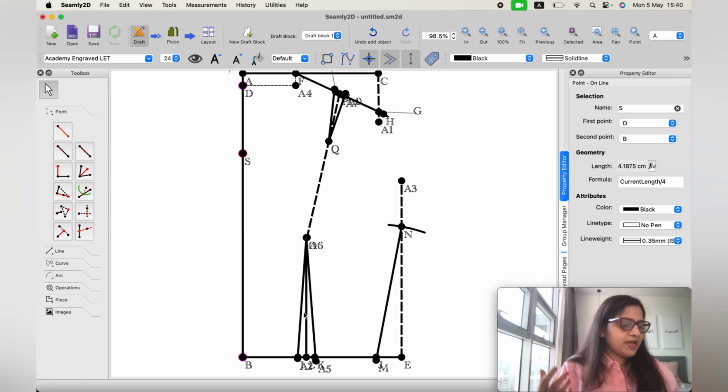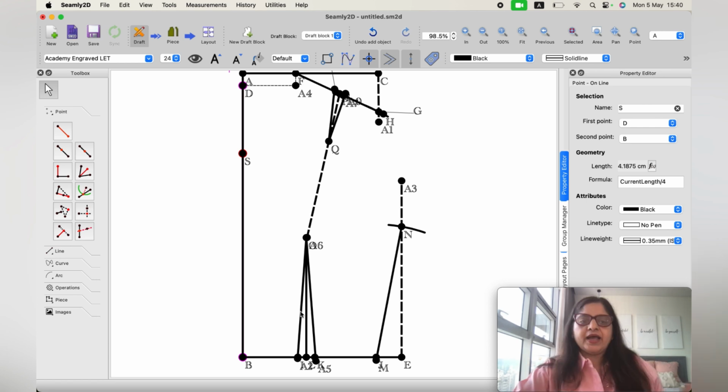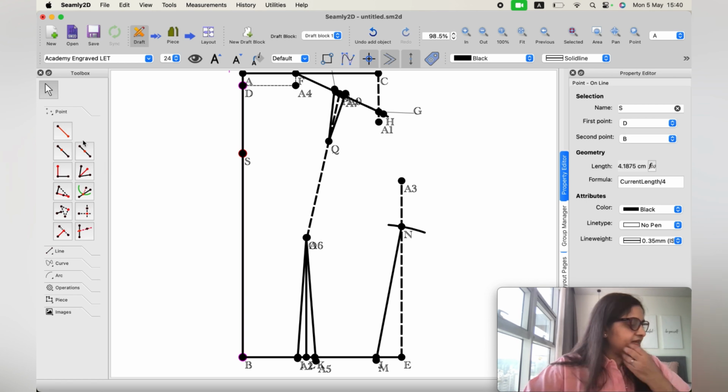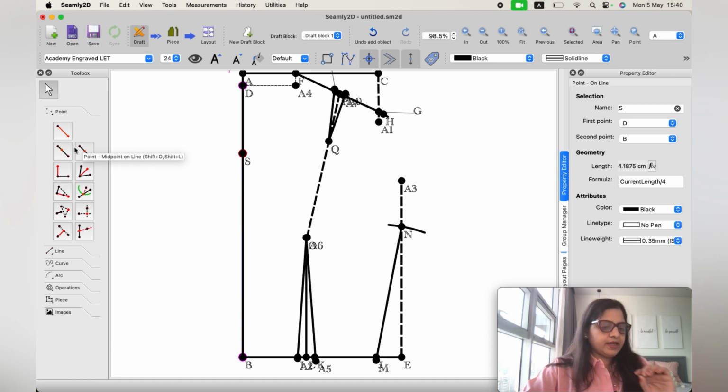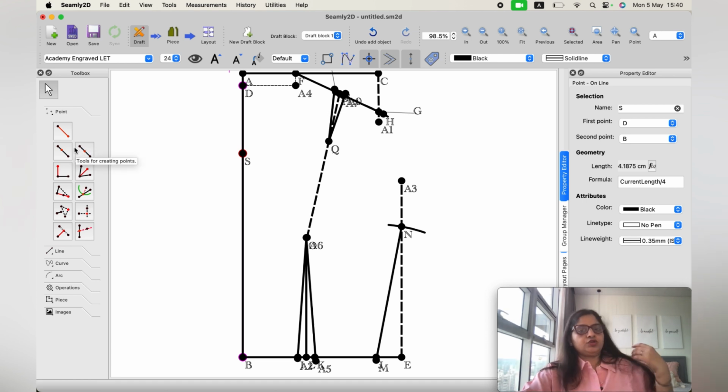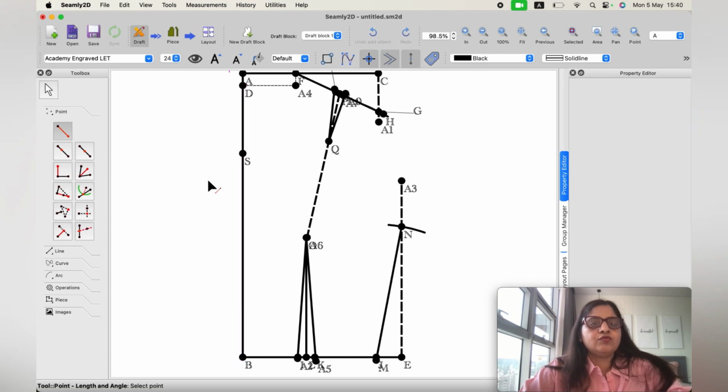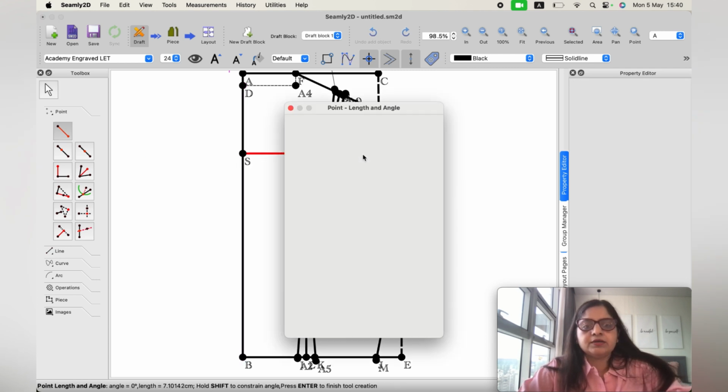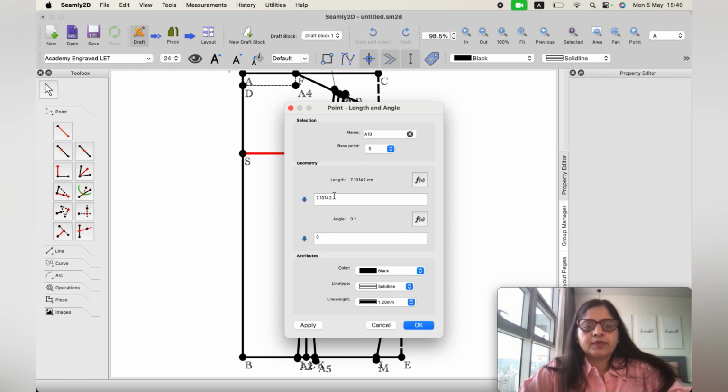So what is my across back measurement? My across back measurement is 7 inches. So I'll take 7 inches plus 1/4 of an inch. So 7 1/4 inches will be my measurement here. 7 plus 1/4 inch will be my point T.